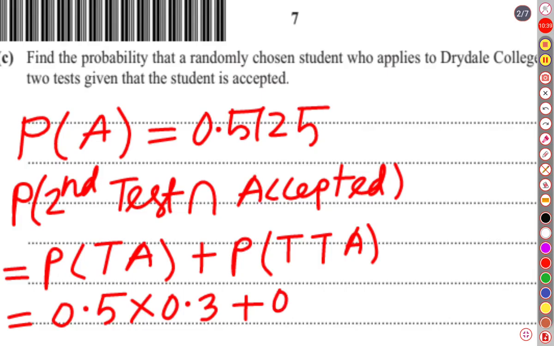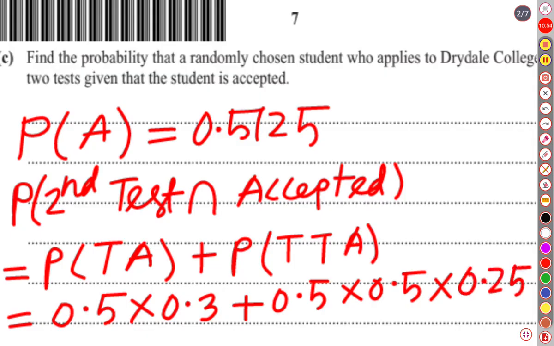So 0.5 probability of T into 0.5 probability of T, and acceptability in the third test is 0.25. I think you are getting my point.